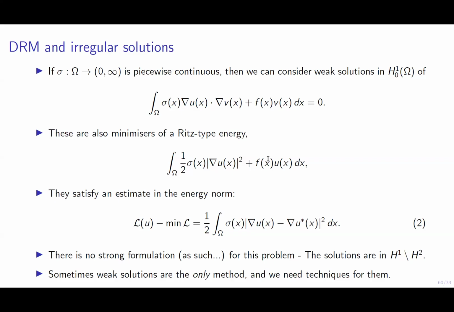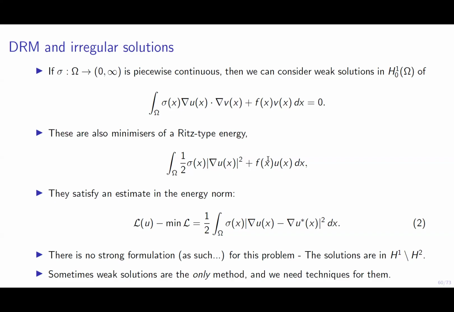This loss function, if we use it, satisfies basically the same kind of equality. The distance to my minimum of my loss is equal to this quantity here, which corresponds to what we would call the energy norm of the error. That's the energy norm, and it's directly linked to the PDE that we want to solve.